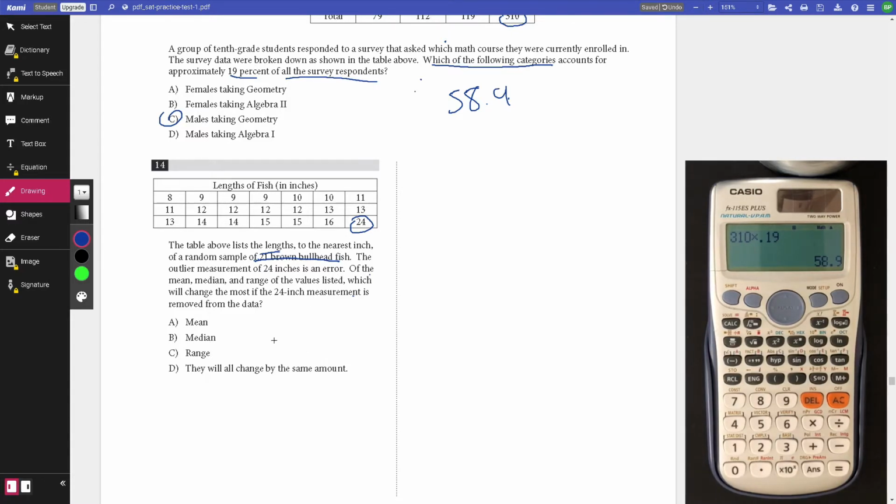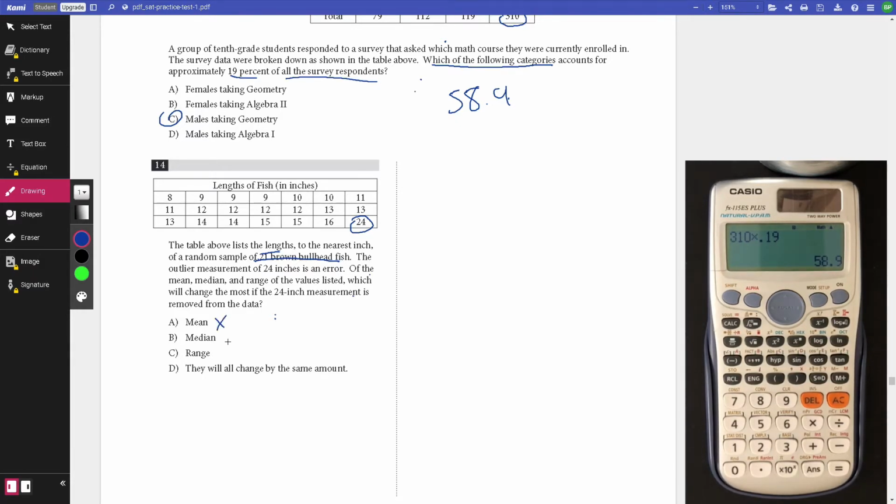So the mean is the total sum of this divided by 21, and I don't think the 24 will affect it that much, because the number 24 is only one in a sample of 21, and so that wouldn't make much of a difference.